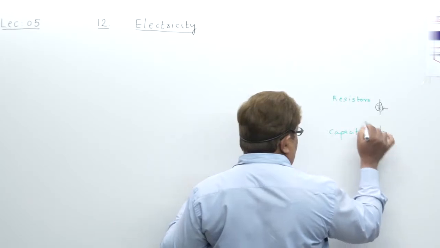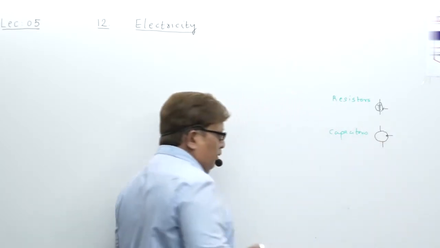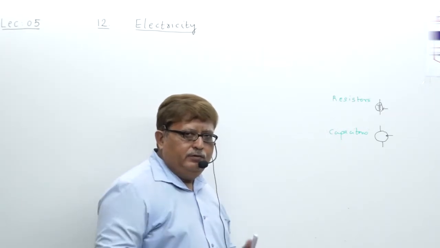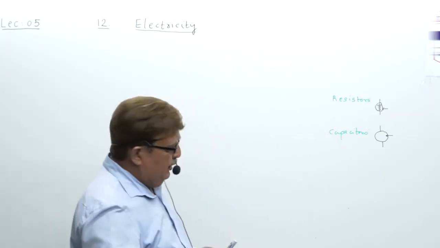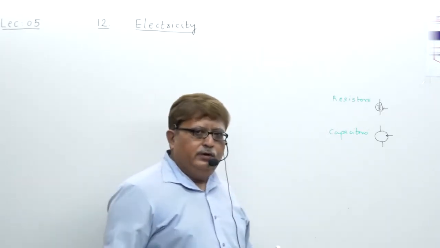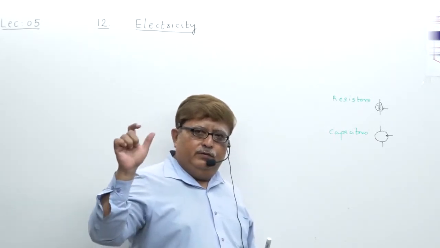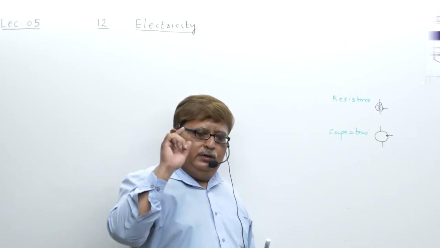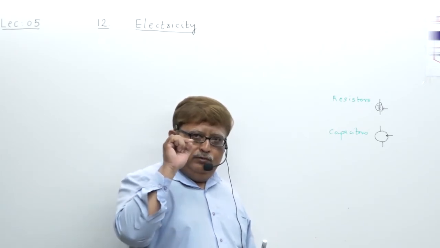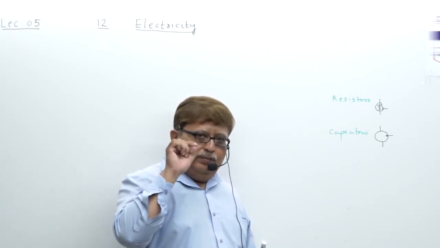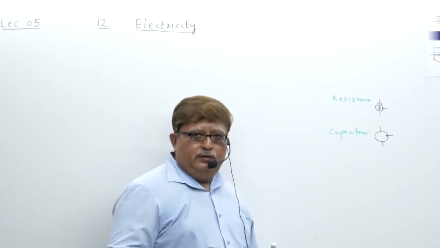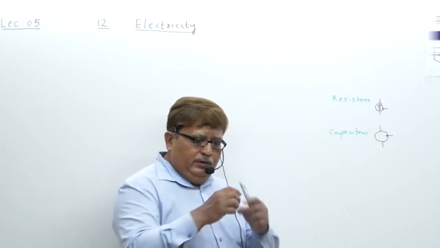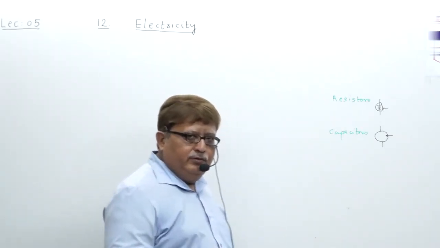No doubt, capacitors are available in different shapes. Often at your home, if the regulator is on 5 and the fan is not working properly, at that time you just have to replace the capacitor. So capacitors are available in different shapes, in cylindrical shape also.